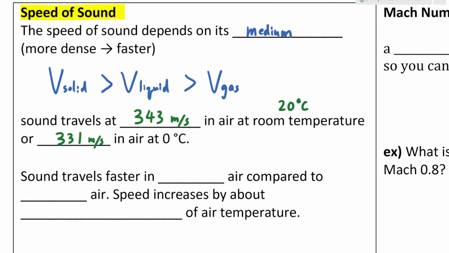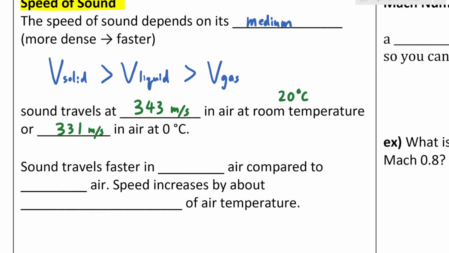Now, once we know that, we can actually get the equation. People have been measuring how fast sound travels at different temperatures, and they came up with a trend. The trend is that sound travels faster in warm air compared to cool air.